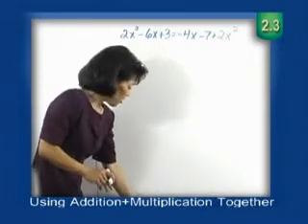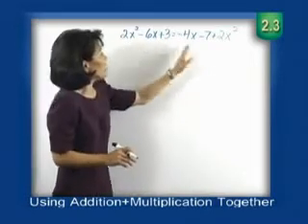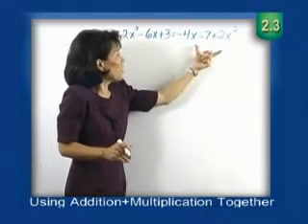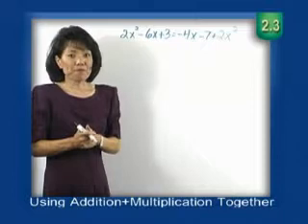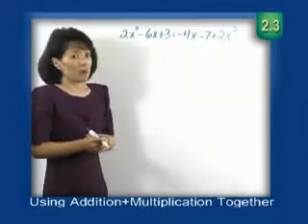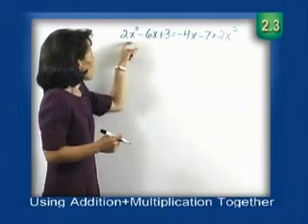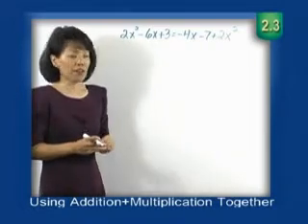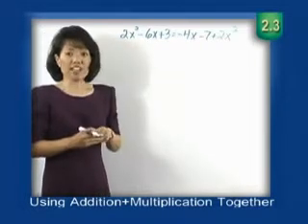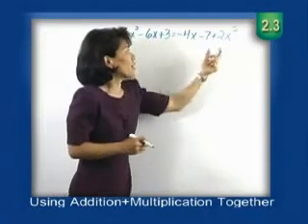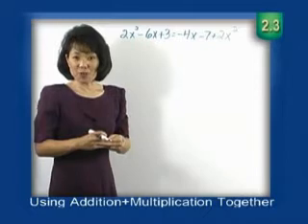Now, the first thing we're going to do is look at each side and see if there's anything that we can combine. Are there like terms anywhere? No. Now let's try to get x on the same side of the equation. In this one I see something a bit different. I see x to the second power. In fact, I see 2x squared on the left-hand side. Fortunately for us, I've got a 2x squared on the right-hand side of the equation as well.